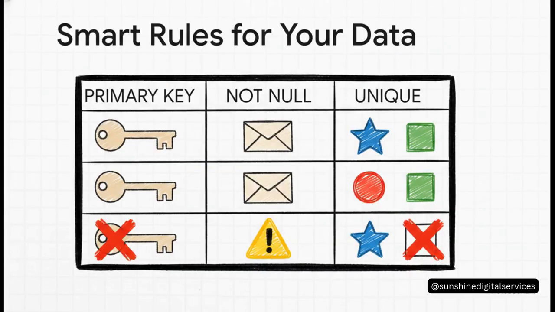For example, you can set a rule called a primary key on an ID column that guarantees every single row has a unique identifier, no duplicates, ever. Or you can add a not null rule that says a column, maybe for an email address, can't be left empty. No way. These rules are like little automated guards, protecting the quality of your data 24/7.